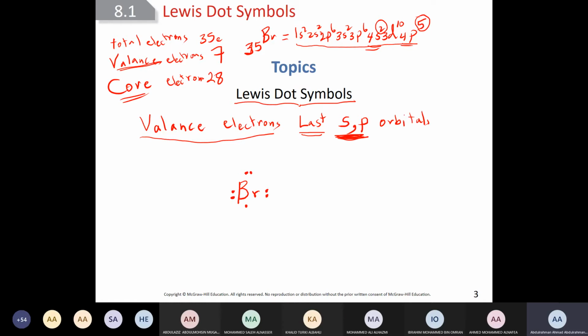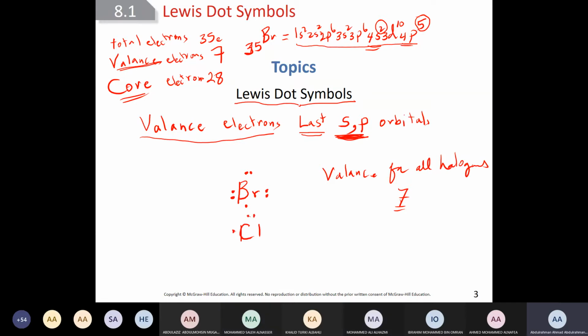What's the valence for all halogens? 7. Exactly. Okay. So how are you going to draw the Lewis dot symbol for chlorine? The same thing.